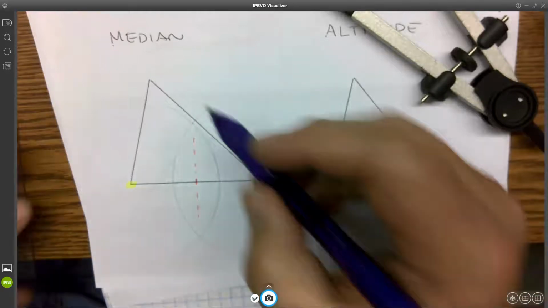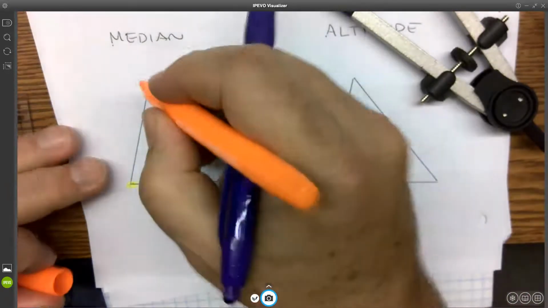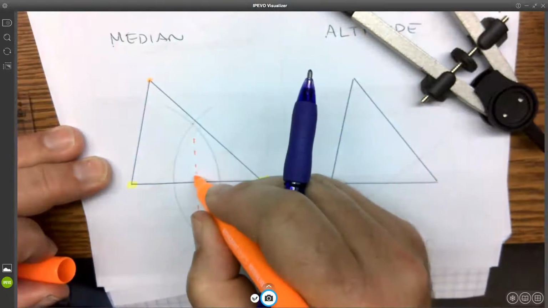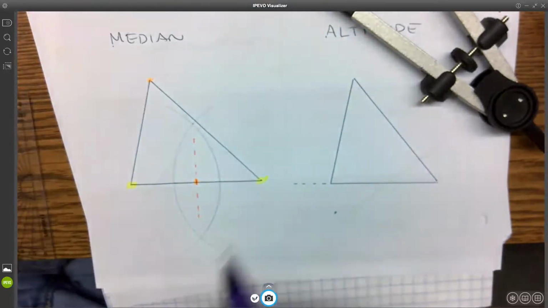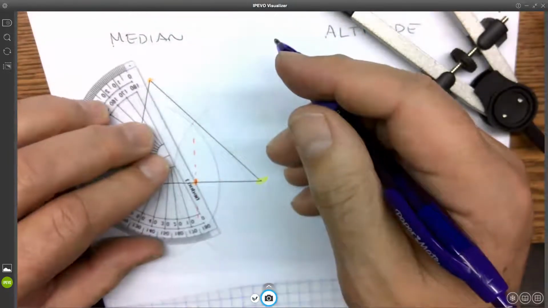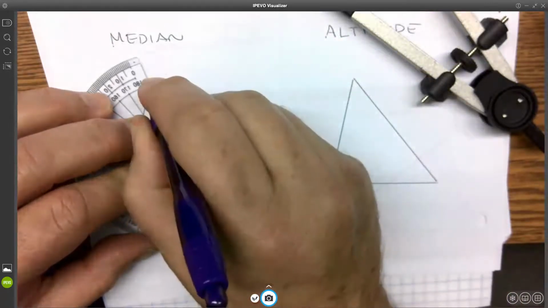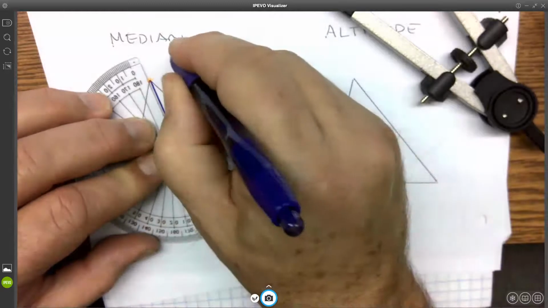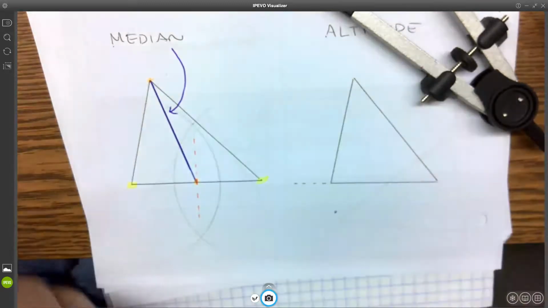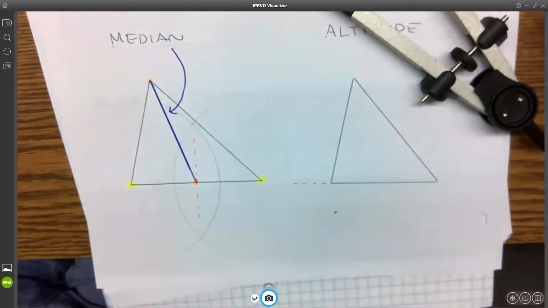And what the median does is it connects this endpoint up here to that midpoint. So we'll just connect those. That's our median.